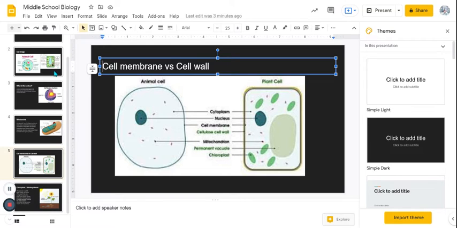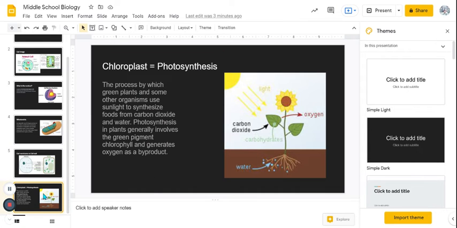Now, I also talked about the vacuole. Basically, the vacuole's purpose is to store water and waste. Plants have a larger vacuole, and animals have a smaller vacuole. And there's another thing I also talked about, which was the chloroplast. Now, the chloroplast is very important for a process known as photosynthesis.